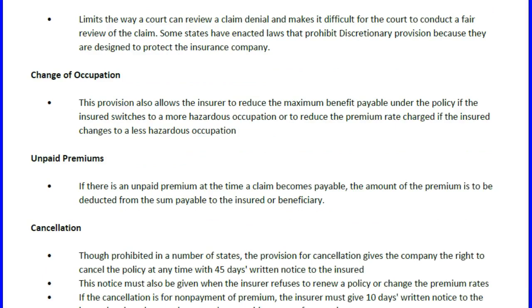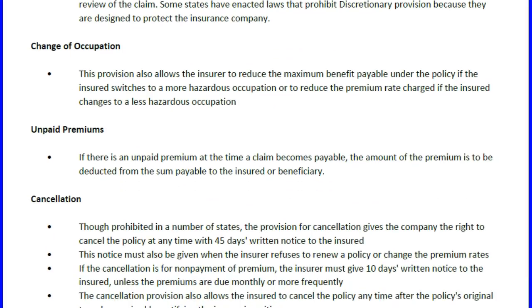Change of occupation, this is important. This provision also allows the insurer to reduce the maximum benefit payable under the policy if the insured switches to a more hazardous occupation, or reduce the premium rate charged if the insured changes to a less hazardous occupation.